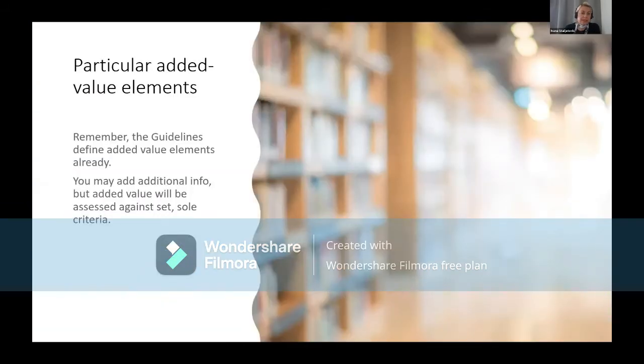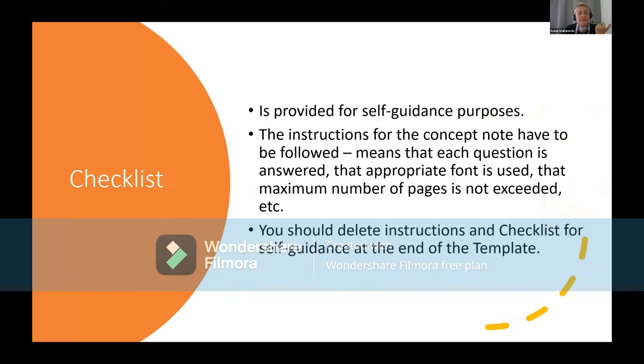This is basically it. And then we have these particular value-added elements, which are defined by the guidelines. So try to address any of these added value elements in order not to be scored with 0 under this section, as you will see later on in the table.